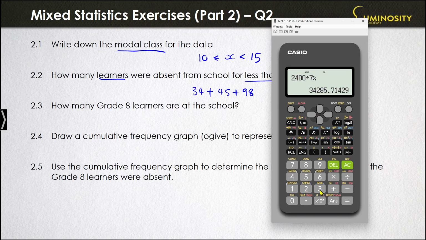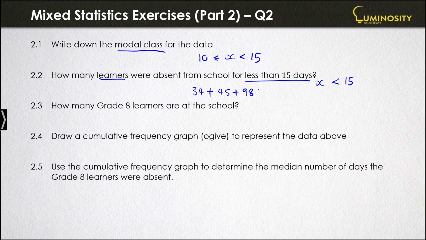If I use my calculator, 34 plus 45 plus 98 is going to be 177. So 177 learners had absenteeism of less than 15 days.